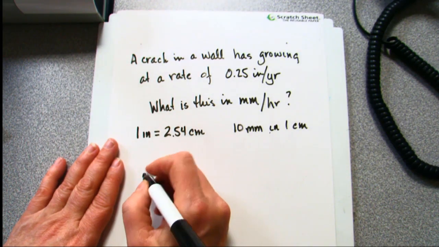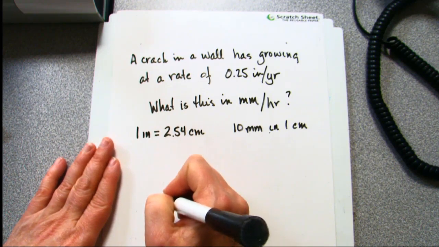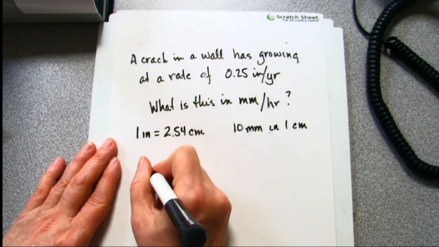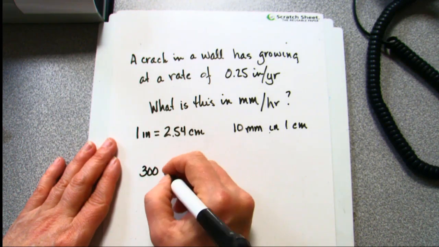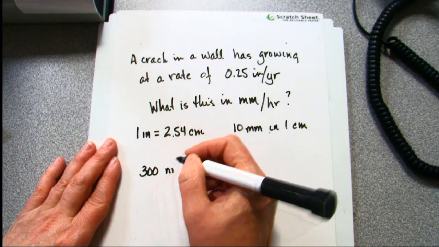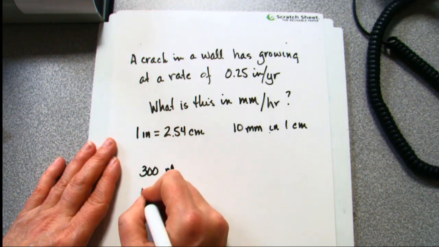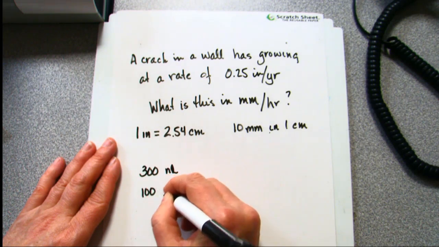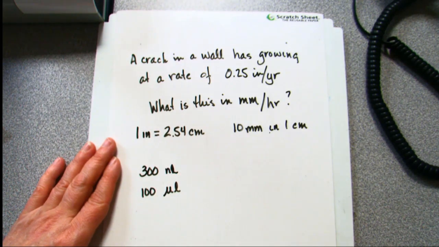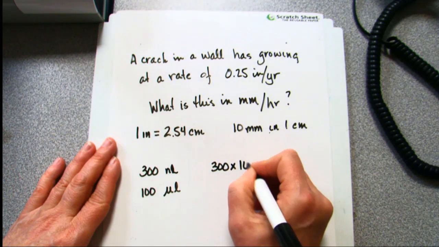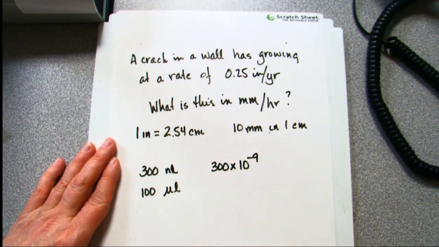We just did this calculation. My son called to ask to verify his math because it didn't sound right to him. So we had 300 nanoliters, okay, 300 nanoliters, and we had 100 microliters. And I wanted to do the conversion factor. So I'm going to do this real quick because I want to show you that 300 nanoliters is going to be 10 to the minus 9.